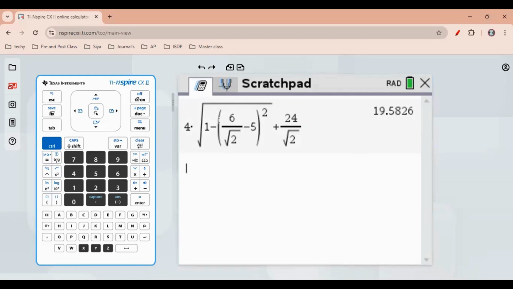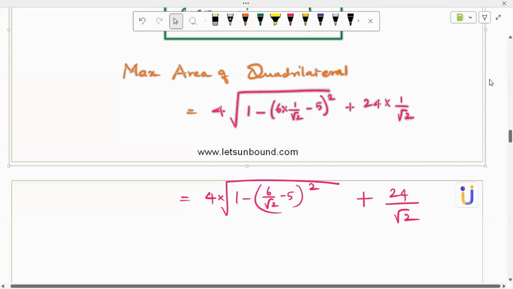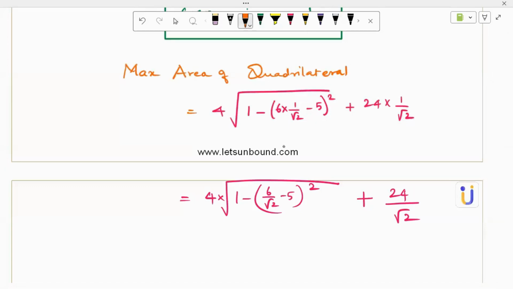Let's check that our expressions fit perfectly. So 19.586, this is our answer. Let's switch to the solution page. Here we go.